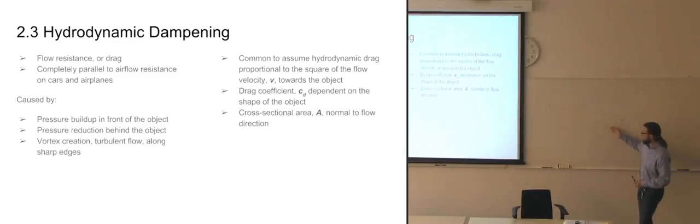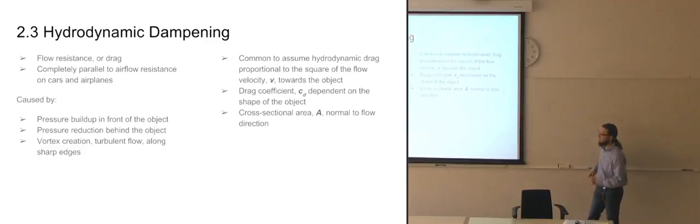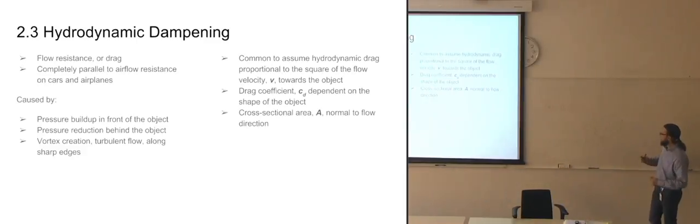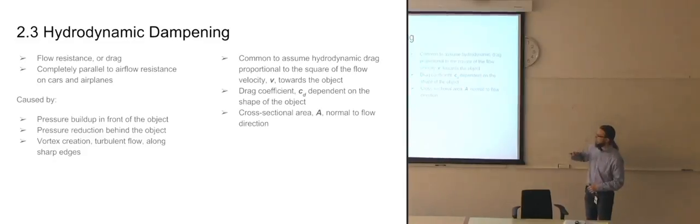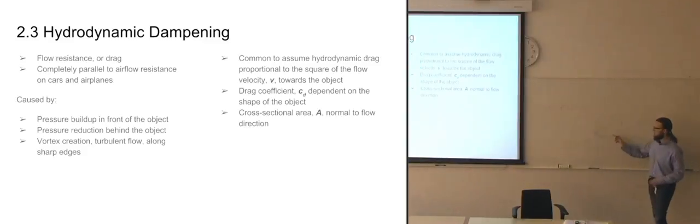And when the ROV is moving forwards and the waters are relatively calm, we won't look at any currents or anything here, then the cross-sectional area, which is normal to the flow direction, is going to be the entire front here. So it's going to be the area marked with red.